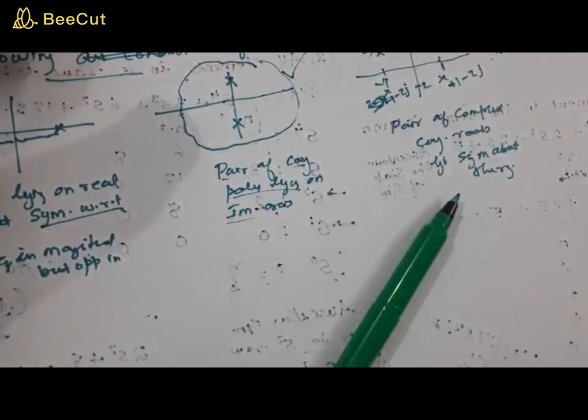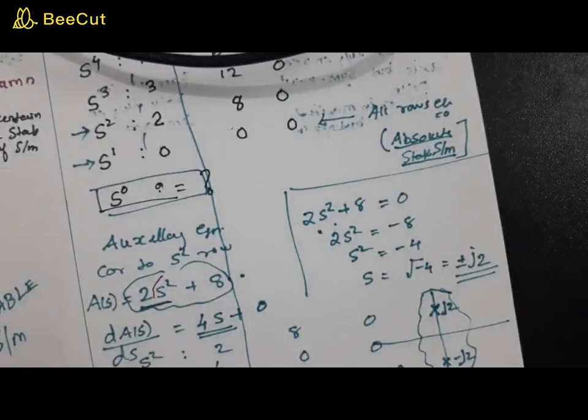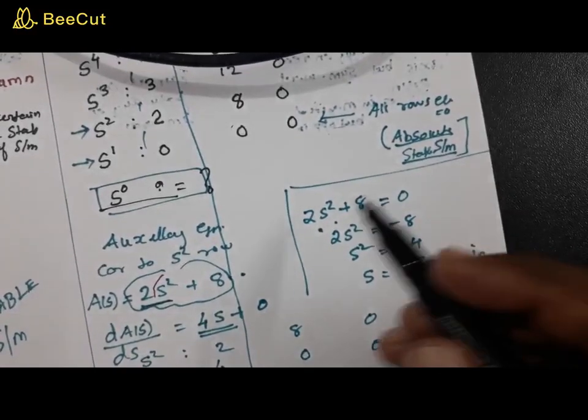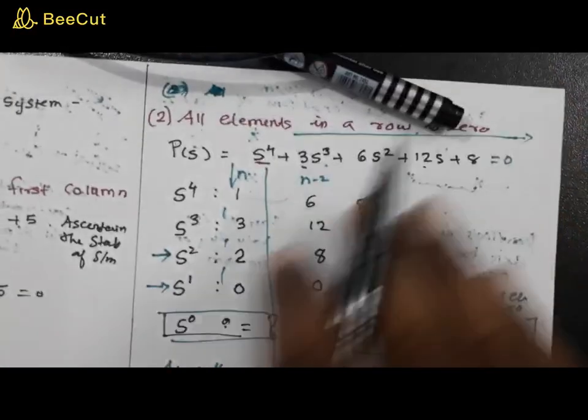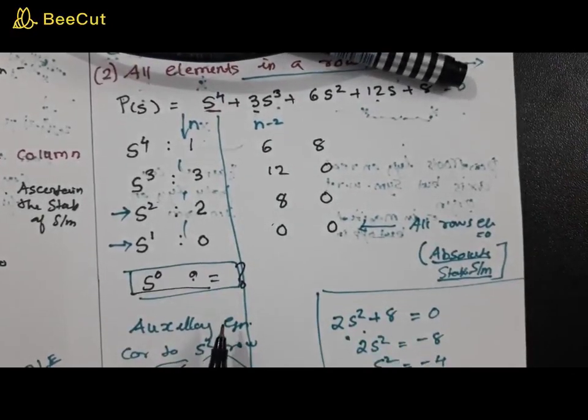A few more important points you need to understand. This is a problem where all elements in a row are 0, as we have found out. And the auxiliary equation, when we wrote the polynomial, is an even polynomial.